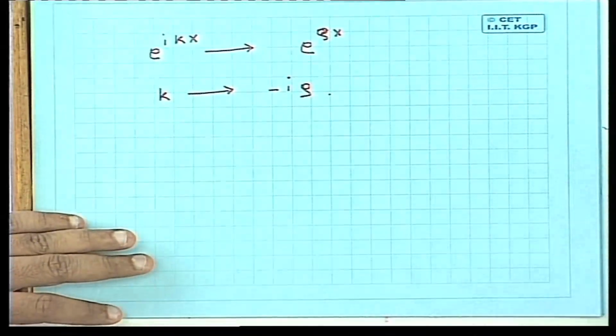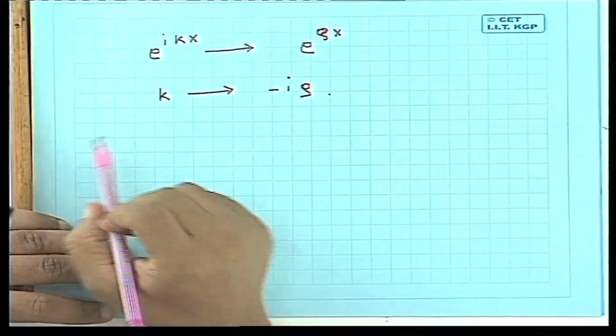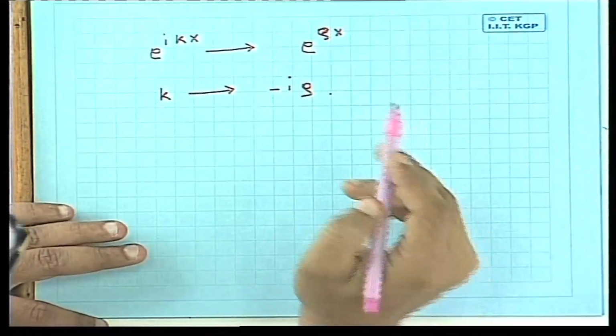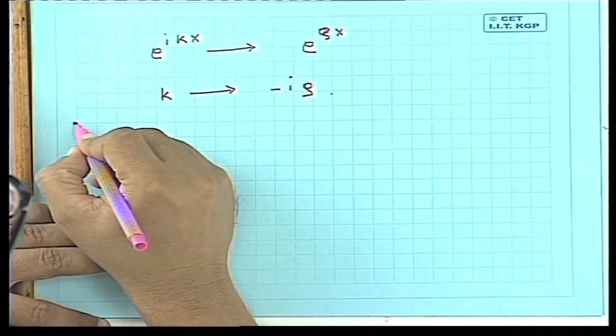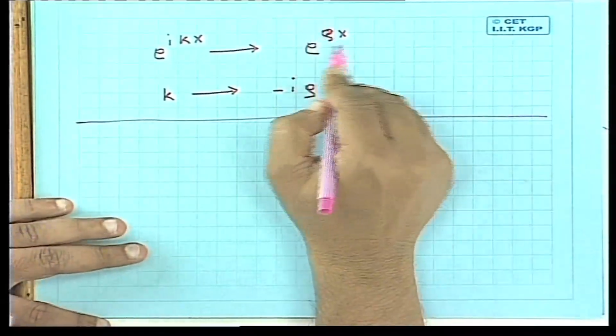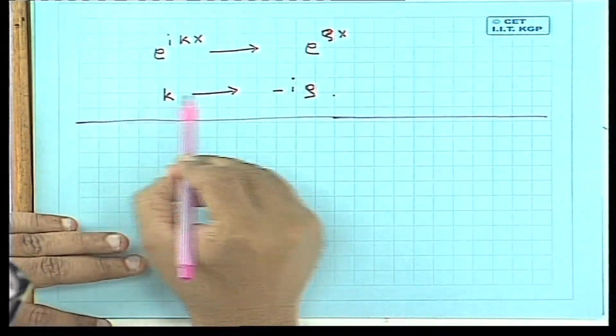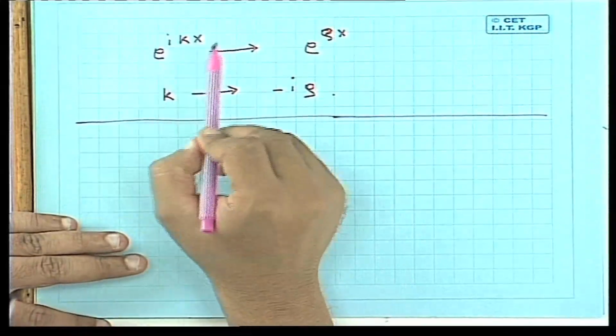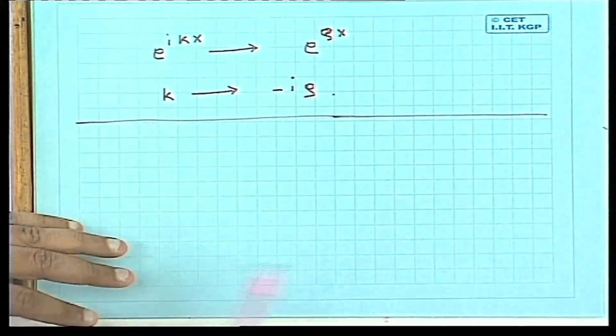So in all of the analysis which I am going to present, I am going to use e to the power ikx, and you can easily convert it to a situation where I have an exponential kind of wave function by just setting k equal to minus i rho. Similarly, e to the power minus ikx will go to e to the power minus rho x.